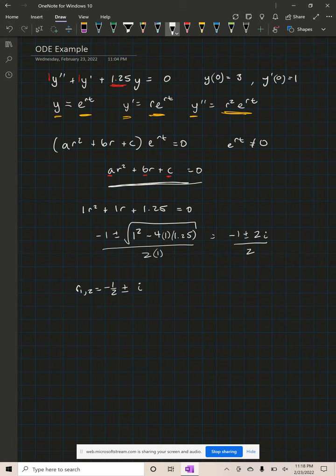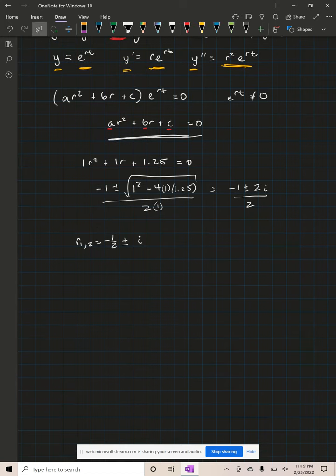One thing we want to bring attention to in order to solve this differential equation is that we need to use Euler's formula, which is just this expression here.